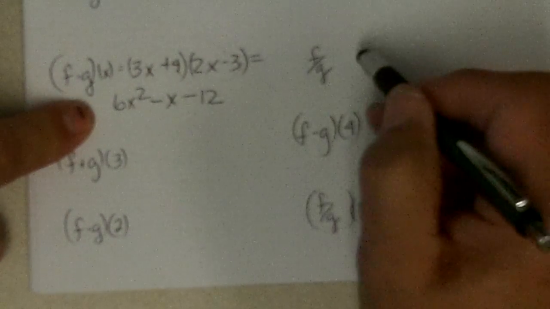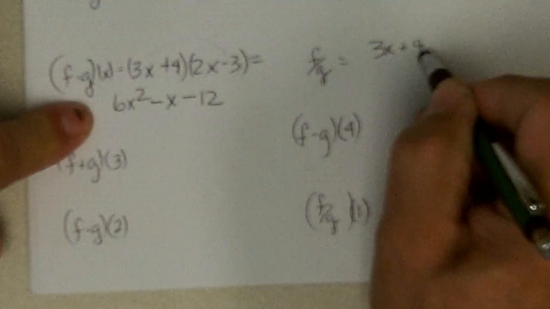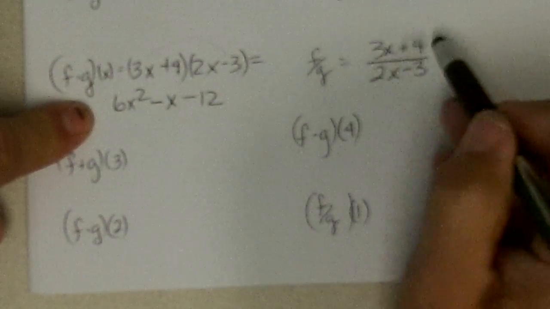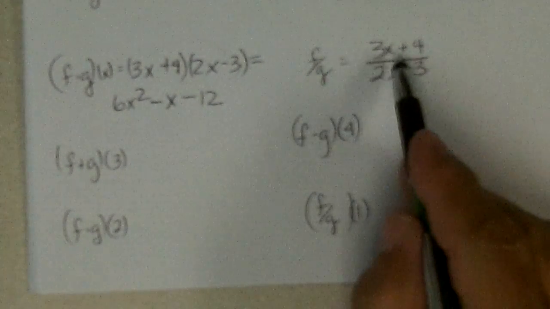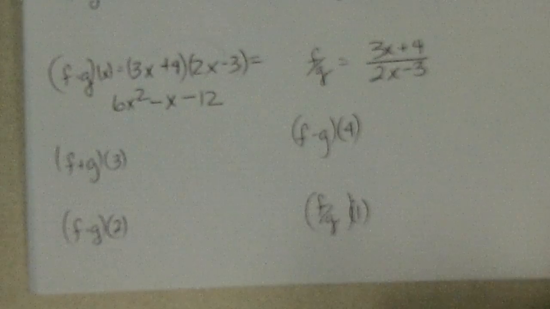F divided by g would be 3x plus 4 over 2x minus 3. Nothing here will reduce because they're all connected with addition or subtraction, and the whole groups don't look the same.